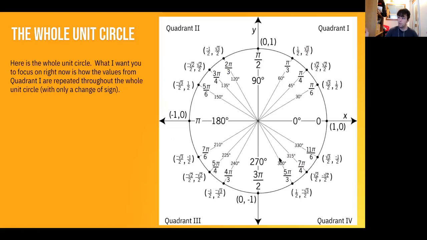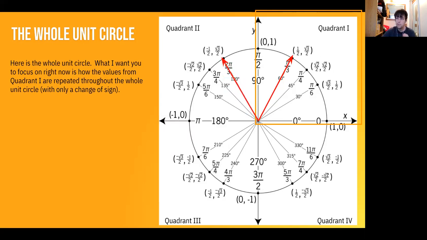All right, so here's the full unit circle. A little overwhelming, but our focus in the beginning really needs to be on making sure we understand quadrant 1. But you can sort of see, if we have this angle here, the 60-degree angle or pi over 3 radians, that is the reference angle for this one.